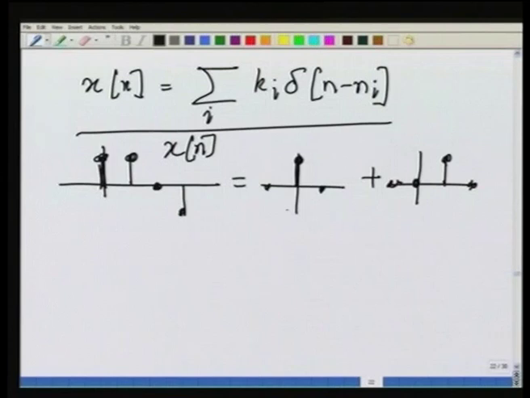The first signal was 0 everywhere except at n equal to 0. This is 0 everywhere except n equal to 1. Then two more terms, or just one more term in fact.